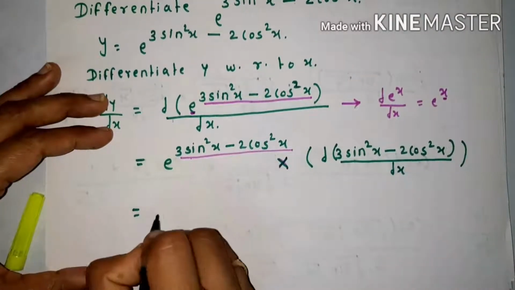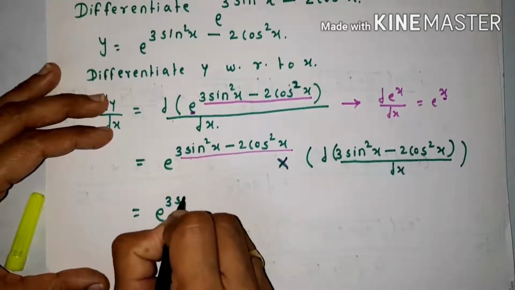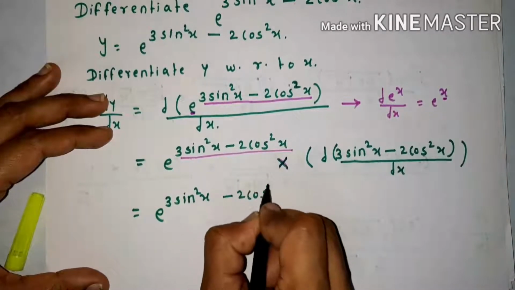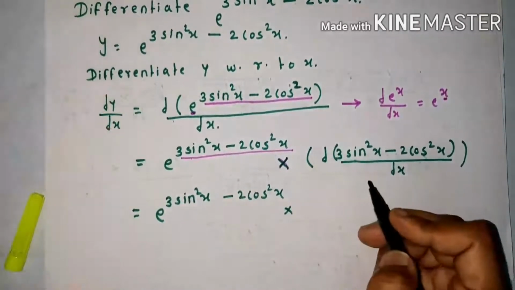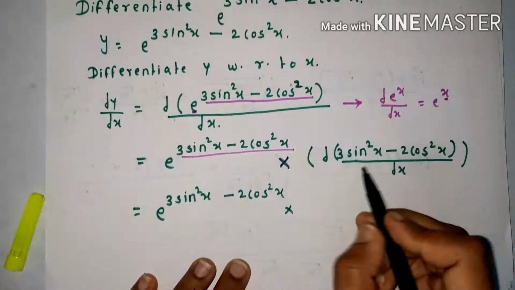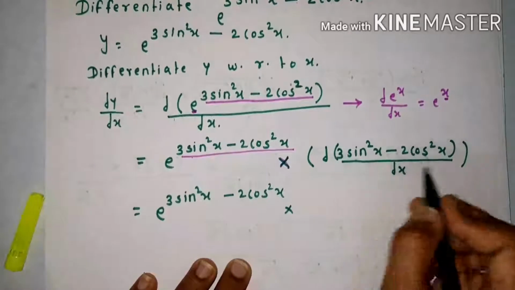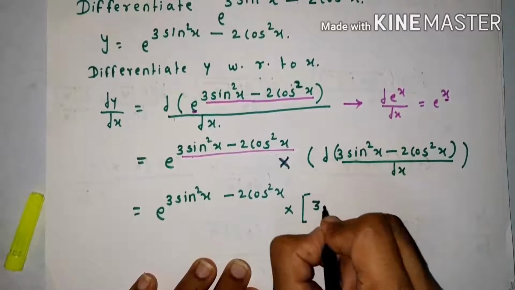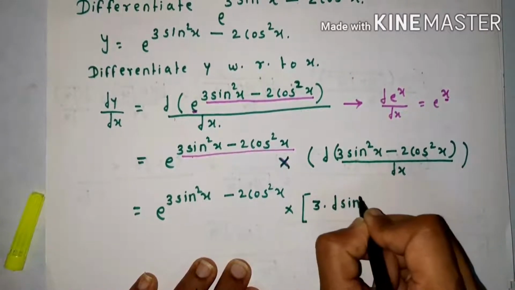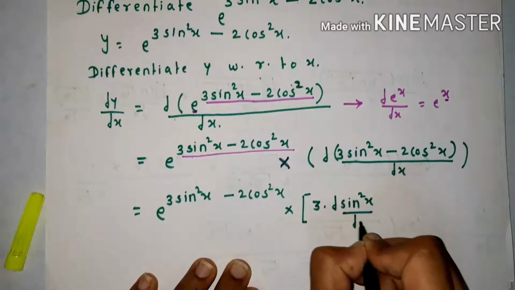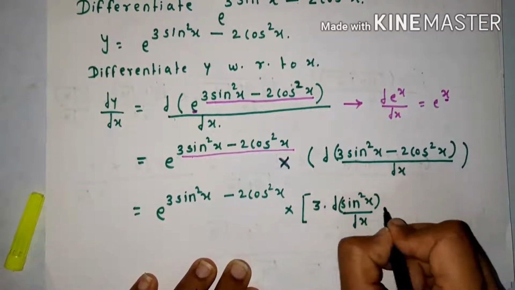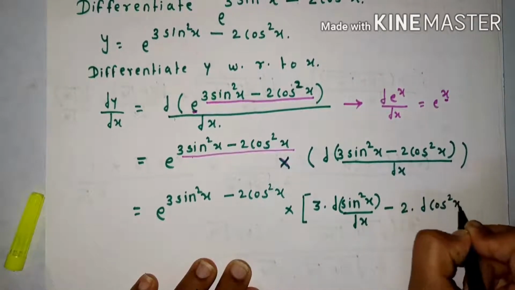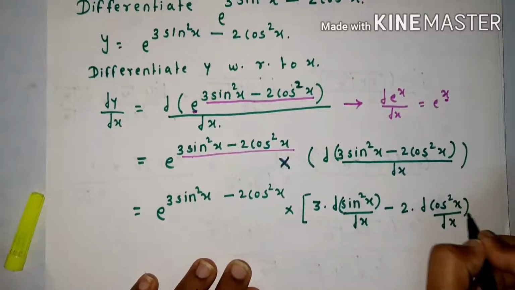This is equal to e raised to 3 sine square x minus 2 cos square x into. So by using the differentiation rule for the difference of two functions, this is equal to: take 3 as a constant, differentiation of sine square x with respect to x, minus 2 as a constant, differentiation of cos square x with respect to x.